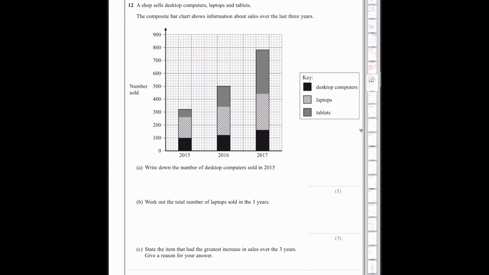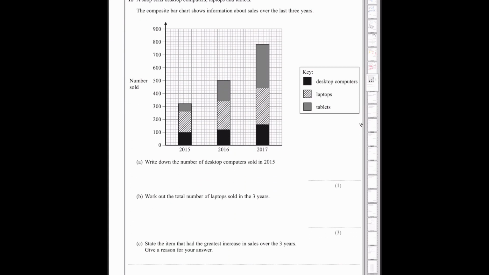Okay, let's move on to question 12. Question 12 is a little bit long-winded. I don't like these ones, if I'm honest. Just a bit boring. It says that a shop sells desktop computers, laptops and tablets. The composite bar chart shows information about sales over the last 3 years. Question A says to write down the number of desktop computers sold in 2015.